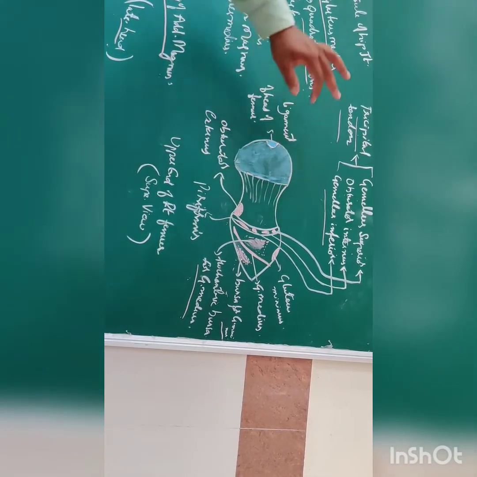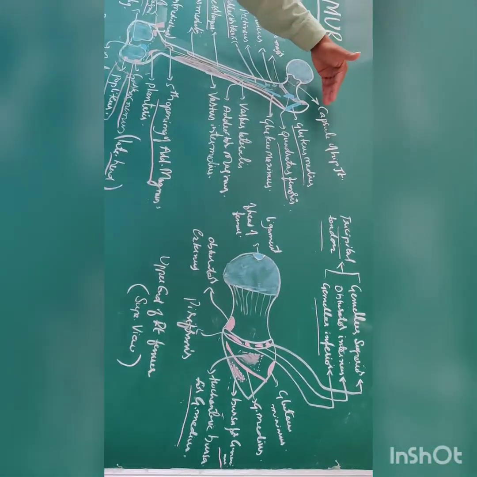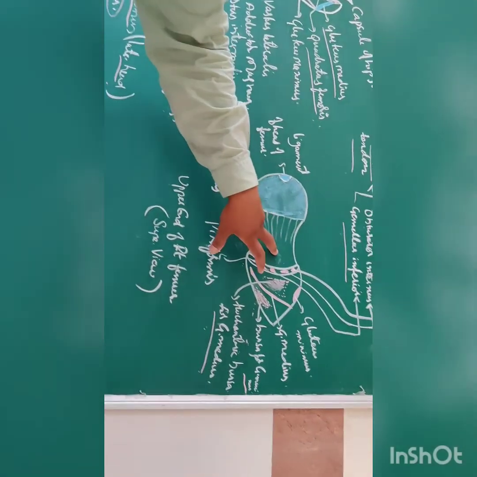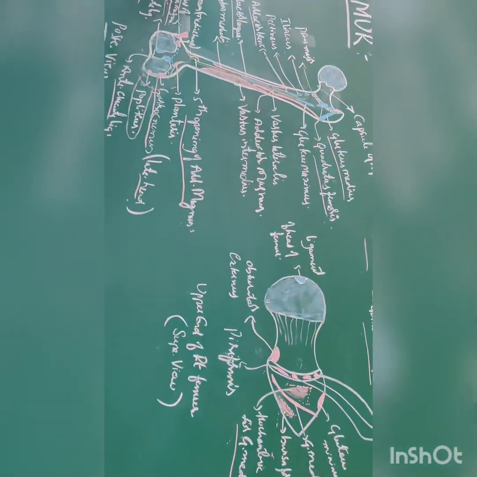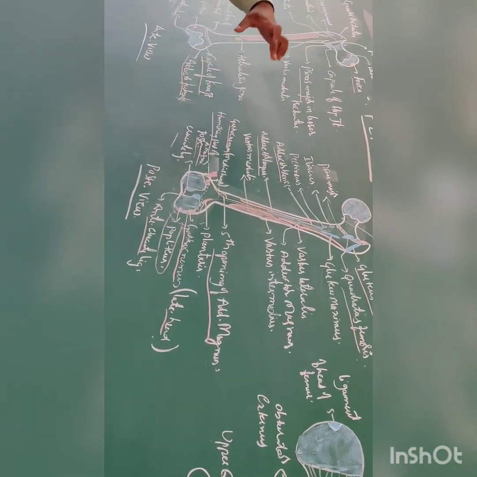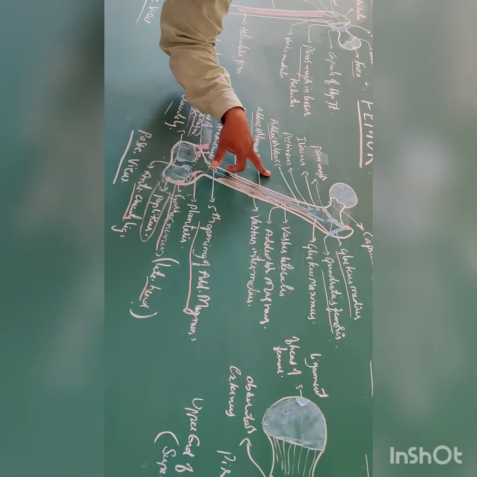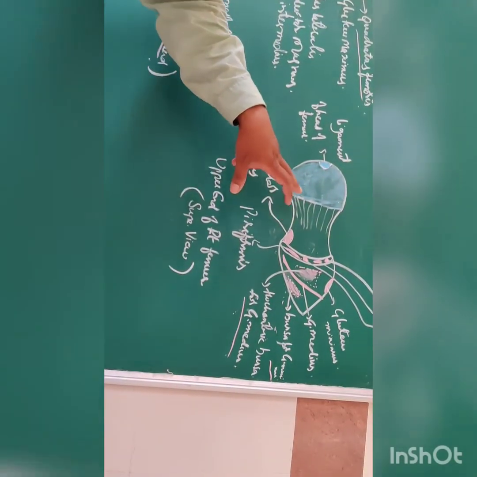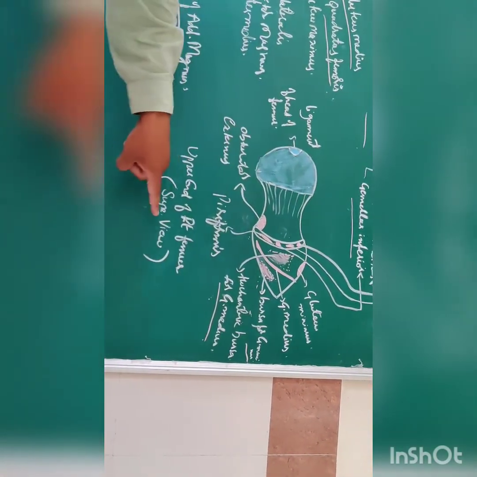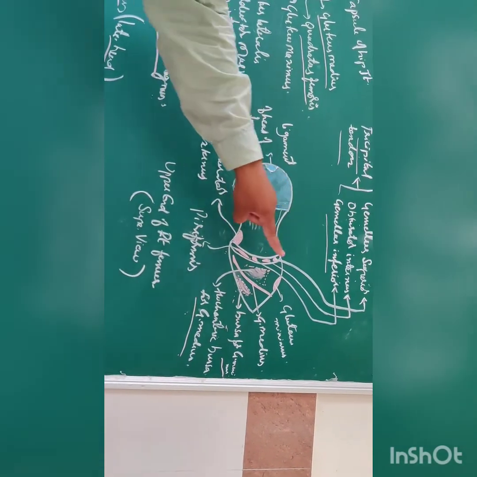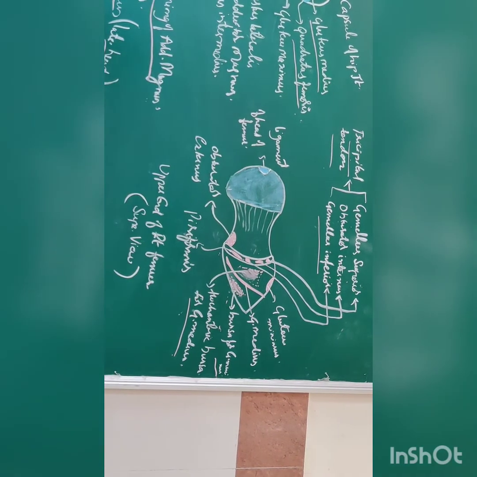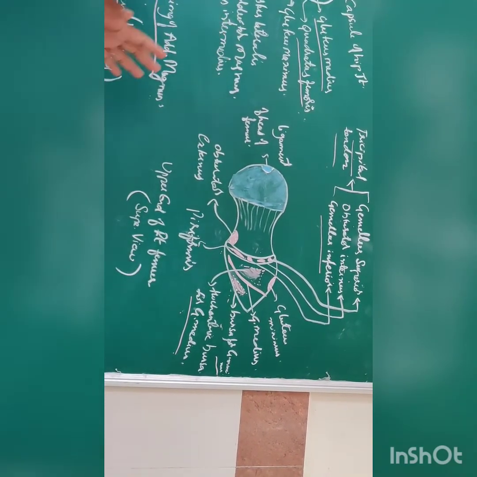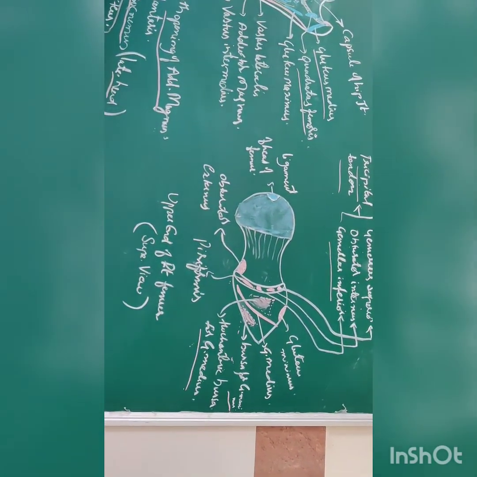When you see the femur from the superior aspect, you see all these attachments. So this is about the attachments of the femur on the anterior aspect, posterior aspect, and attachments at the upper end. Okay, so that is about the femur.